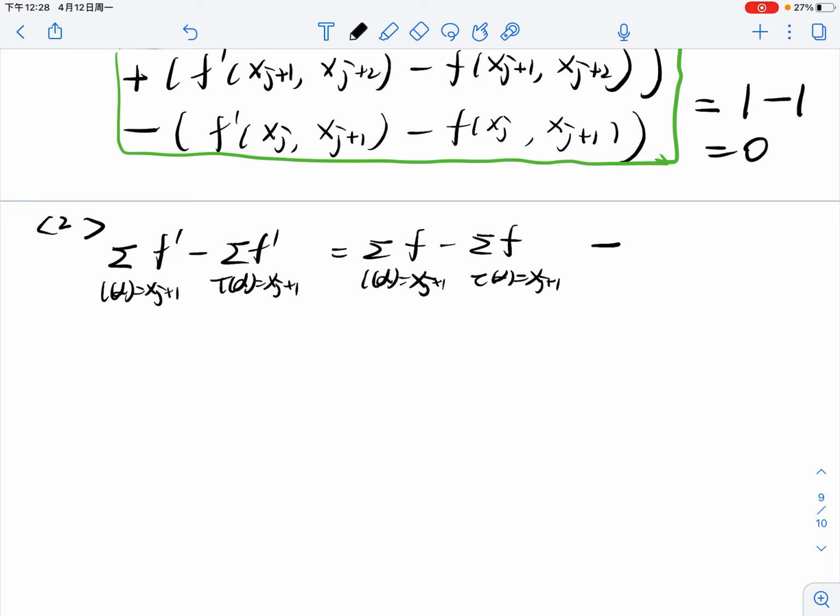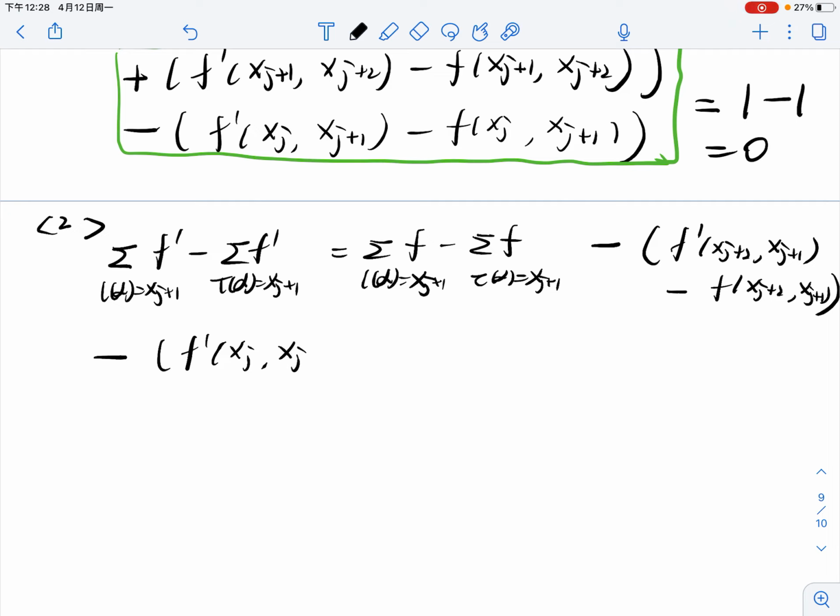So here you have minus f prime of (xj plus 2, xj plus 1) minus f of (xj plus 2, xj plus 1) minus f prime of (xj, xj plus 1) minus f of (xj, xj plus 1). So this is minus 1 minus 1, which is 0 as well.